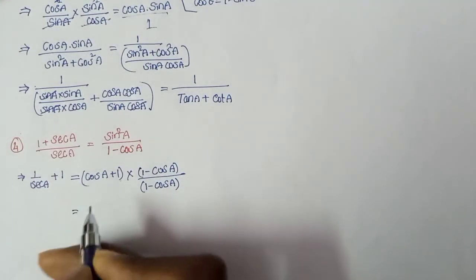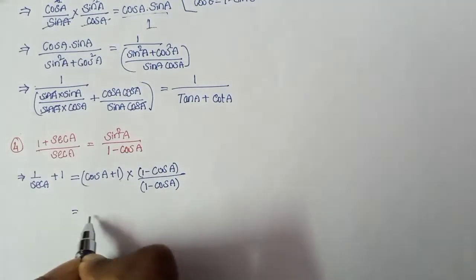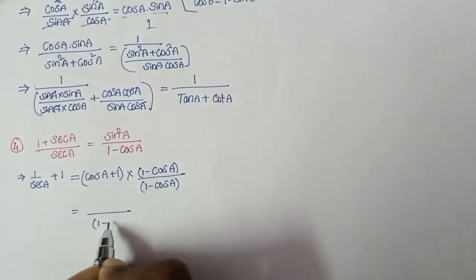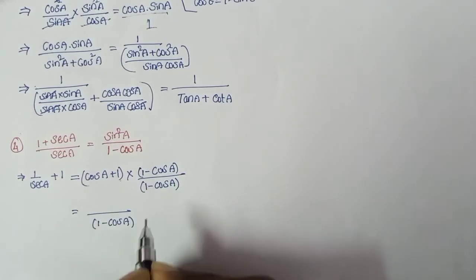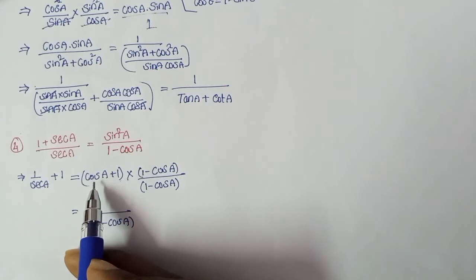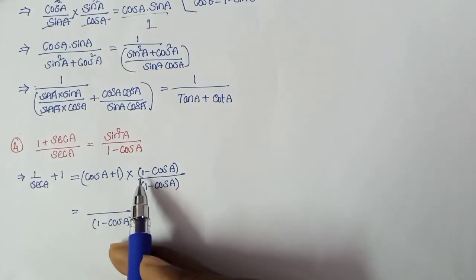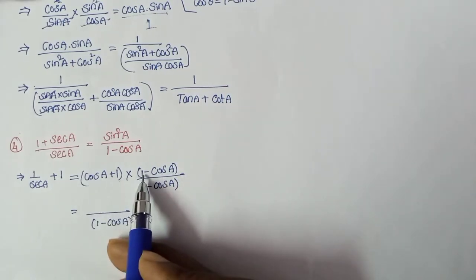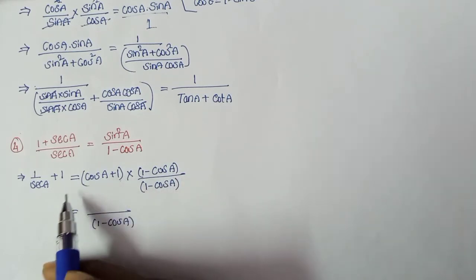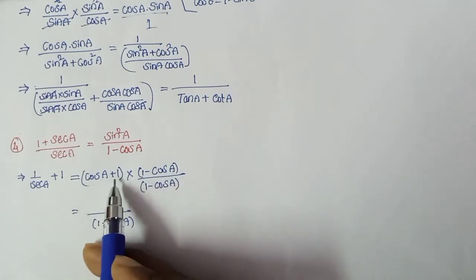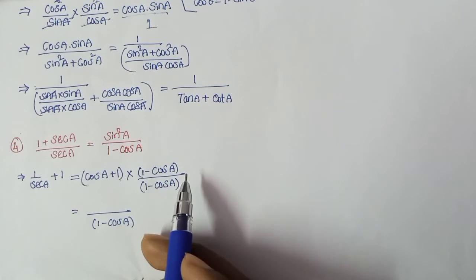Which is equal to what? Here in the denominator I got 1 minus cos A. What is in the numerator? Cos A plus 1 into 1 minus cos A, that is 1 minus cos A into 1 plus cos A, that is A minus B into A plus B, that is A square minus B square.